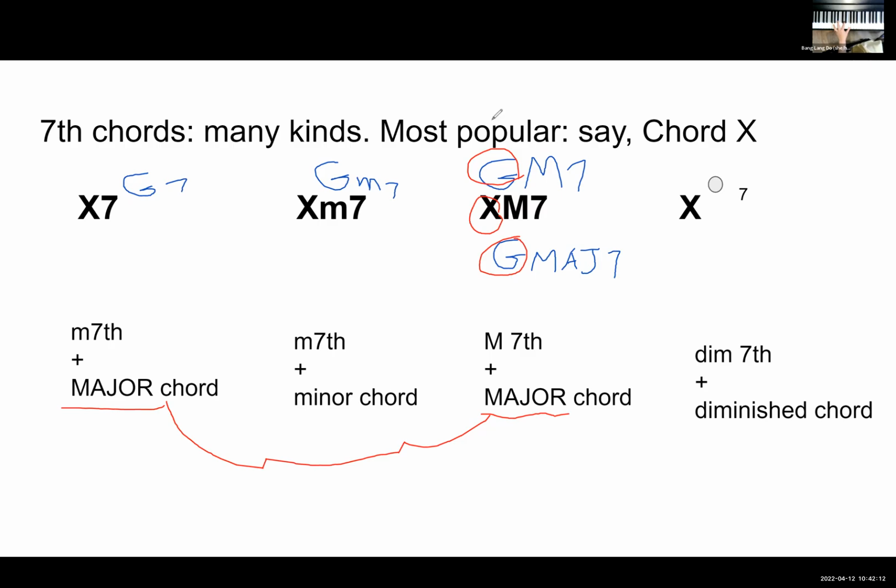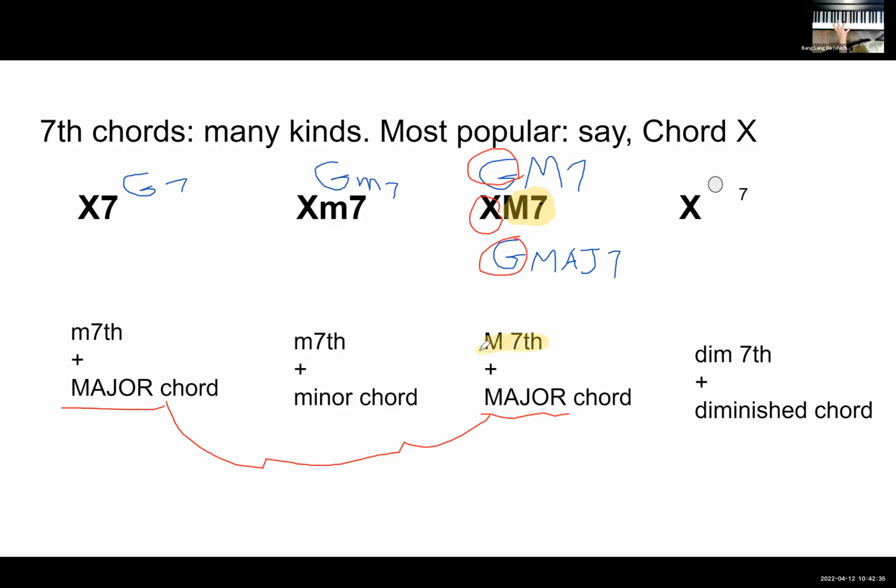This M here is an M to tell you about the 7th itself. It's not an M that accompanies the name of your chord. So it's a chord, and then you have a major 7th. And this is why they write it this way. The 7th itself is major.